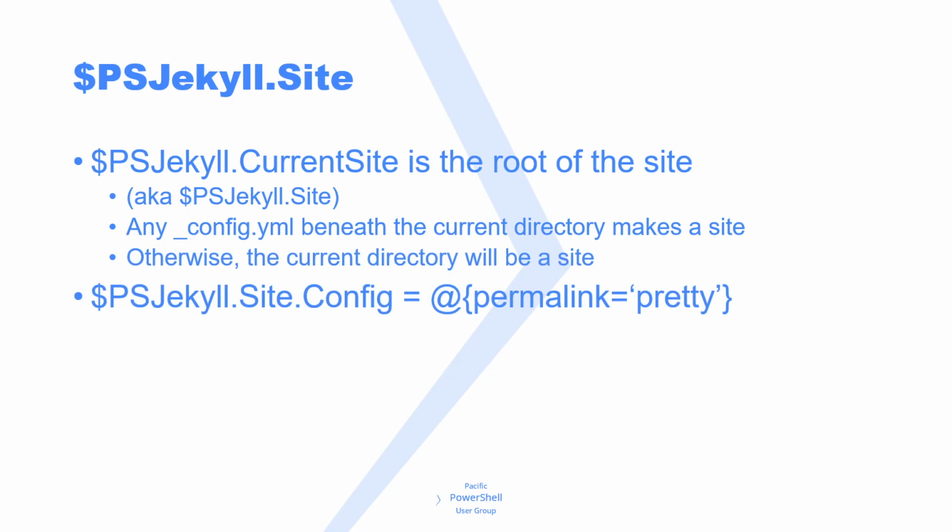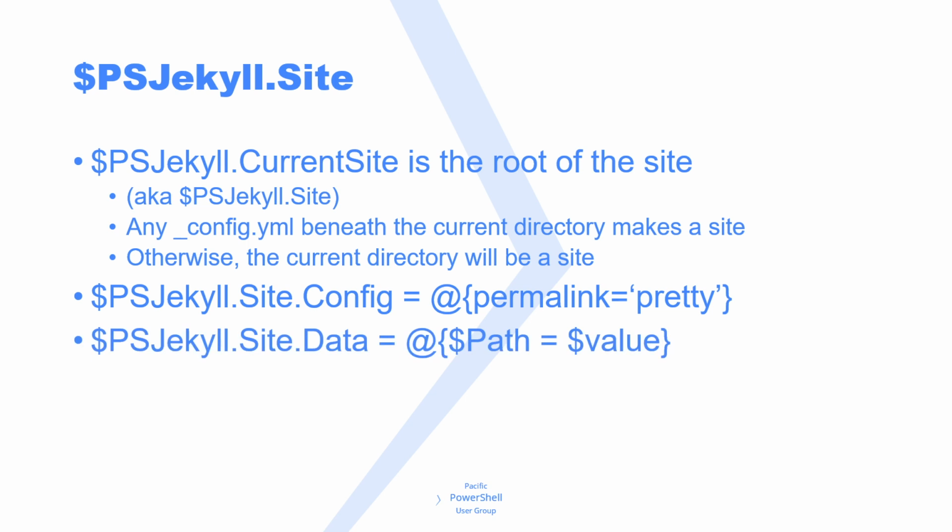Change the config with something like this. Just go ahead and provide it a hash table. It's kind of important that it's ordered if you don't want it to keep changing, but if you're just using it to rapidly set it, go nuts. You can go ahead and set data in the same sort of way. And here we go ahead and basically set the name of a data path and the value we're setting into it.